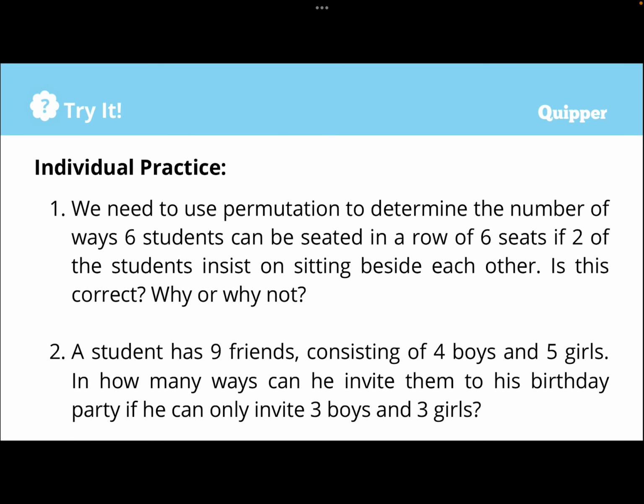Now, for the individual practice, I want you to answer it at home, and your answer will need to be posted in your Google Classroom. I will send a link where you're going to upload your solutions to problems 1 and 2. You need to submit that within the period of time today.